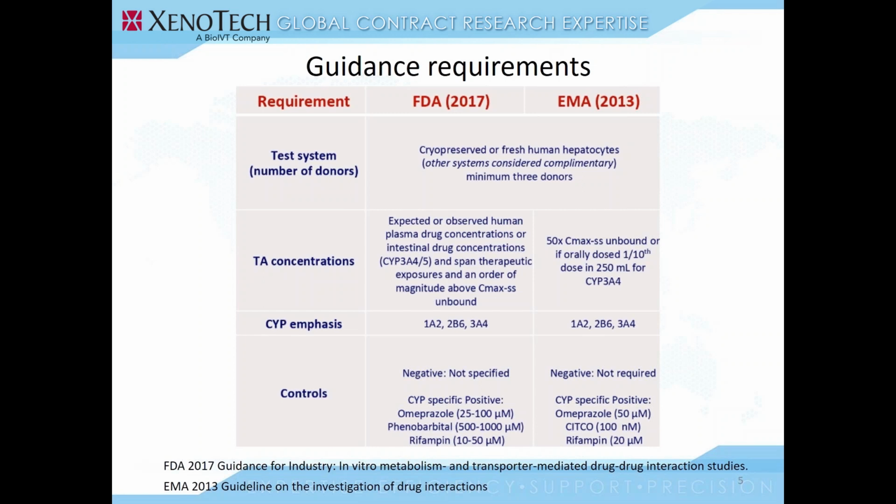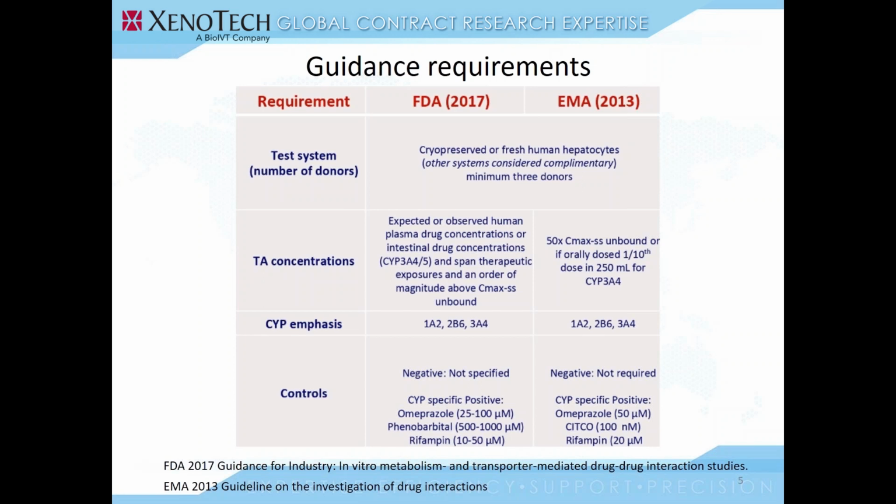So that's looking at dose in 250 mL usually. Whereas the EMA is looking at a 50x Cmax steady state unbound. So what we typically do is strive for the 50 times Cmax because that way it covers everything. But that can be pretty challenging for drugs which traditionally don't like to be solubilized.